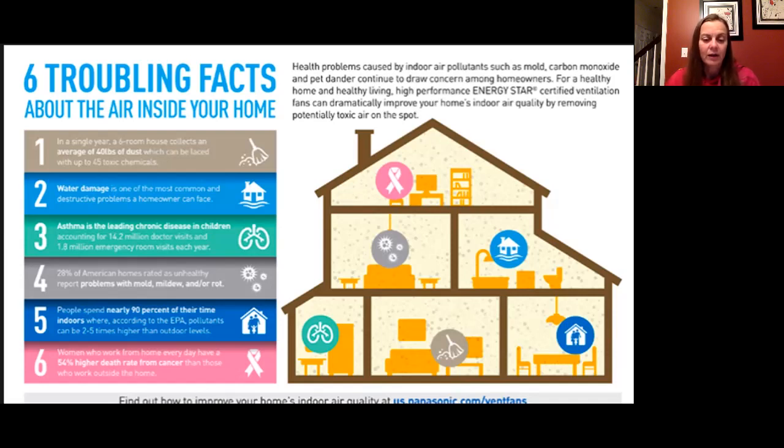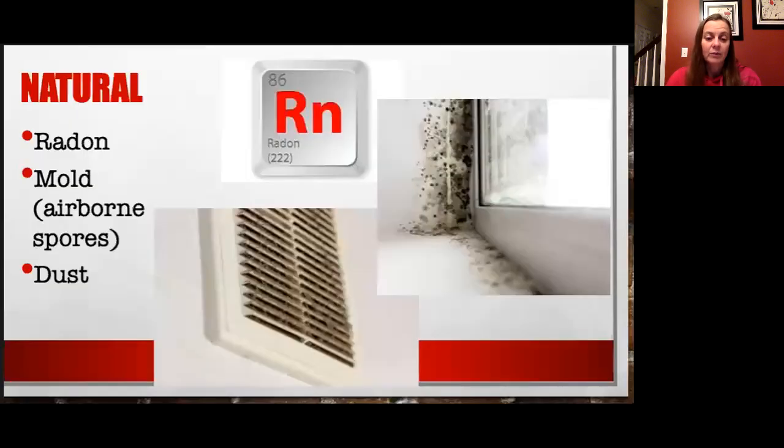impact our health. So let's talk about probably the biggest natural air pollutant, and that is radon. Radon is a naturally occurring radioactive gas that is produced by the decay of uranium in rock and soil.